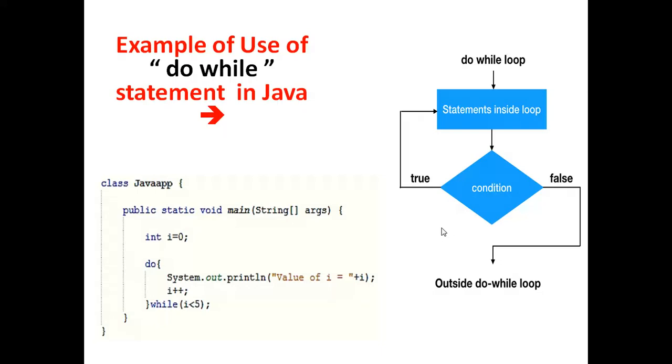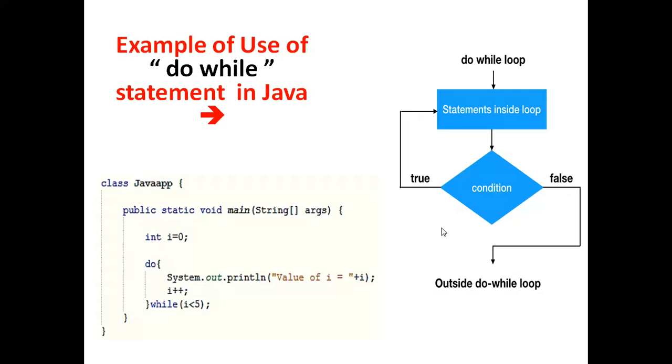In the do while loop, the statements inside the loop will be executed, then the condition will be checked. If the condition is true, the loop will be executed again, and if the condition is false, it will move outside the loop. Means whether the condition is true or false, that will be checked afterwards.